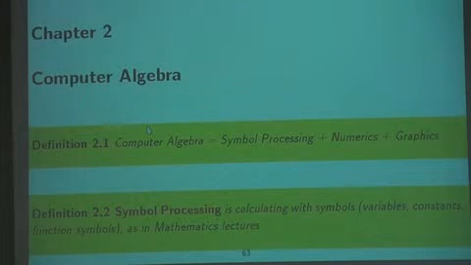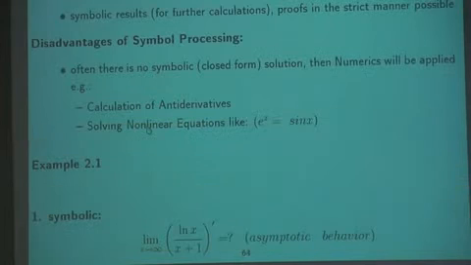Numerics is just computation with numbers, and graphics, you all know what that is. But maybe symbol processing is the interesting thing we should talk about now. This is calculating with symbols, variables, constants, function symbols, and so on, as in mathematics lectures. So, computation with symbols.